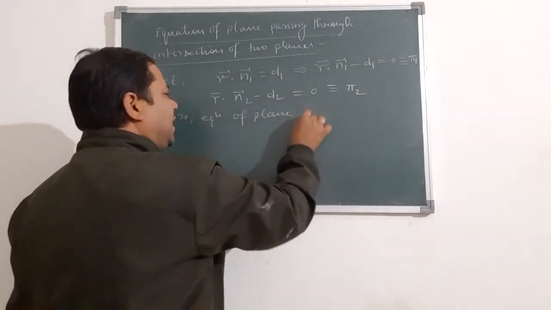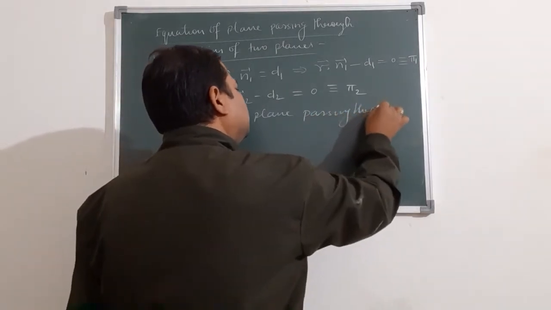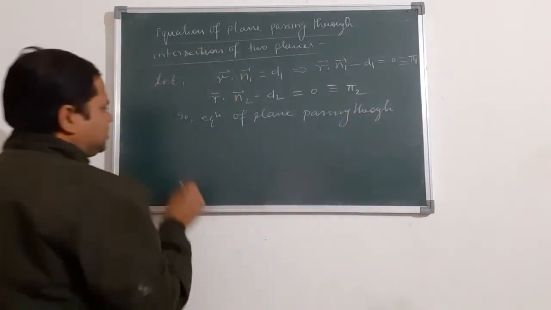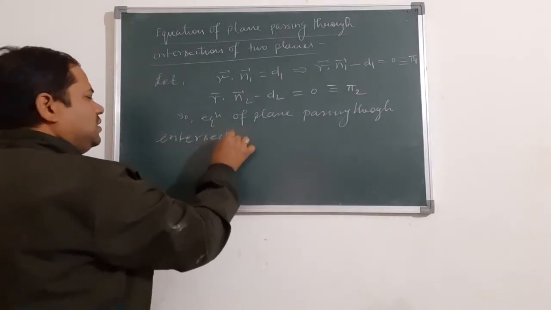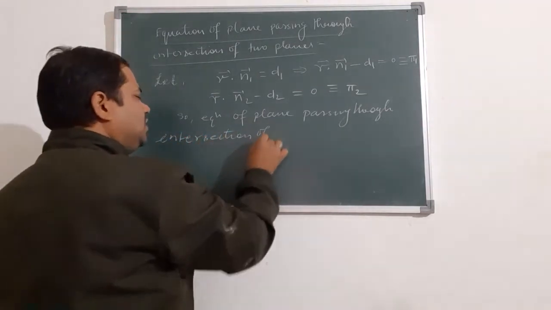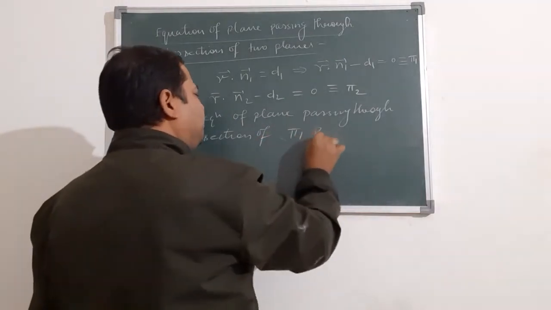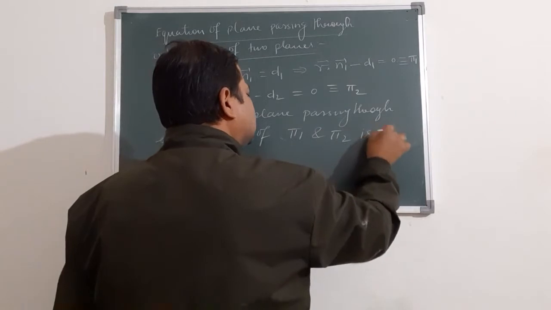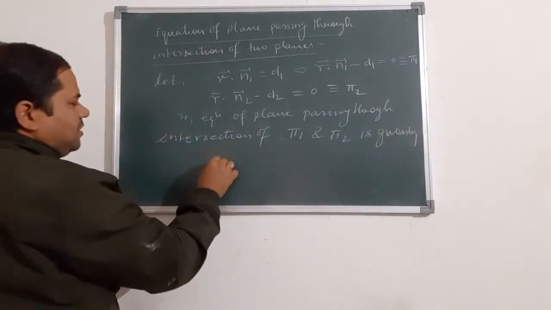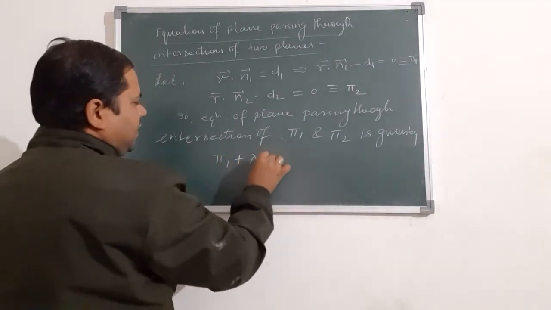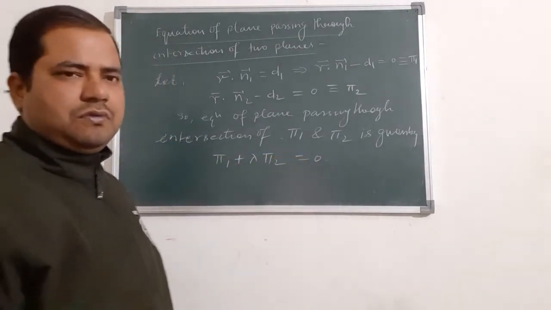So equation of plane passing through intersection of these two planes, intersection of pi 1 and pi 2 is given by pi 1 plus lambda times pi 2 is equal to 0.